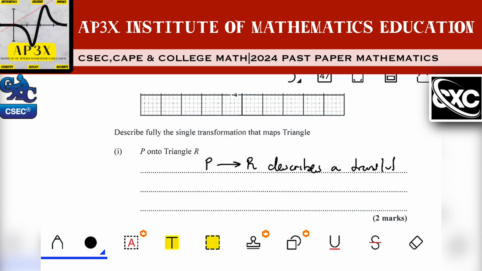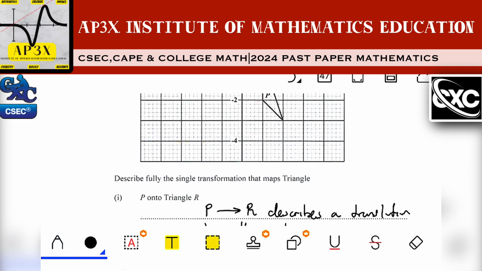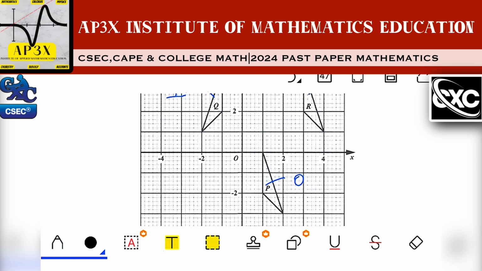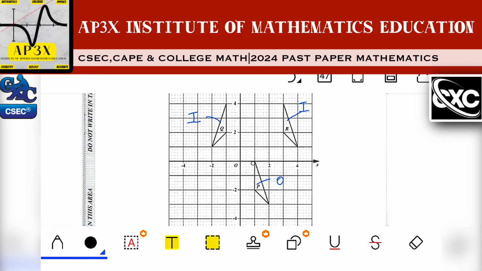The translation vector, or what we call the displacement vector, is in fact a 2 by 1 matrix.